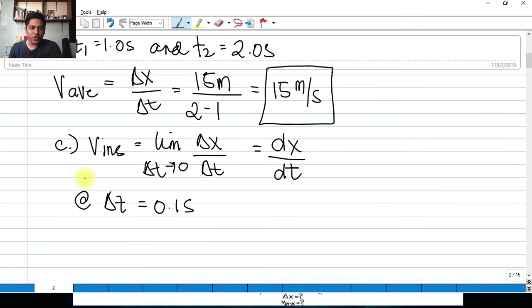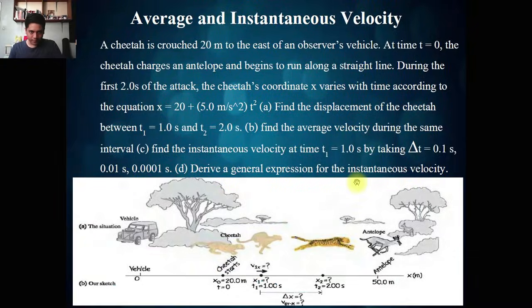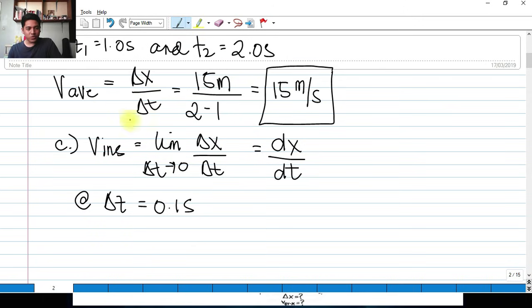So at this point, we shall be evaluating the position of the cheetah by taking t sub 1 plus delta t. Let us remember that the instantaneous velocity is defined as the velocity of the cheetah at that very short interval.